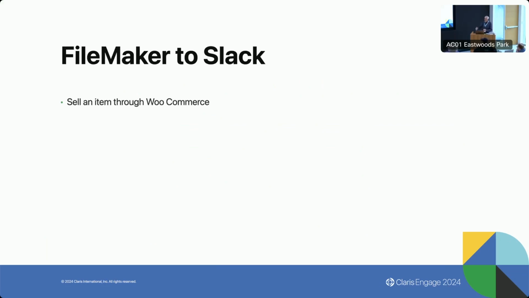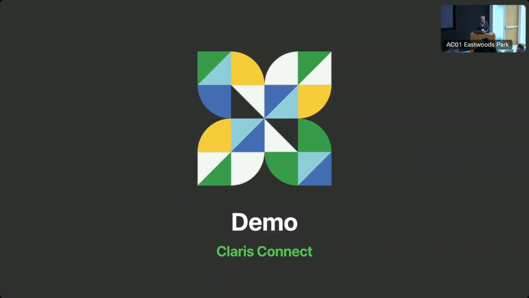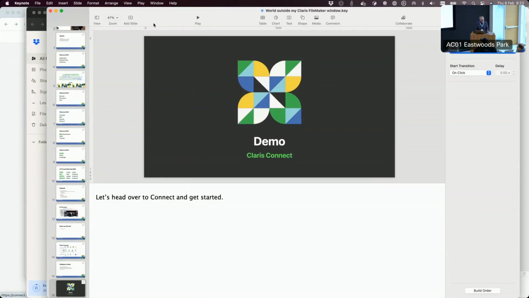We're selling an item through WooCommerce, WooCommerce is using a webhook to update FileMaker, and then we want to send a notification to Slack to let the dispatch team know that the order is there and they need to start processing it. Okay, so let's jump out of here and swap to there.